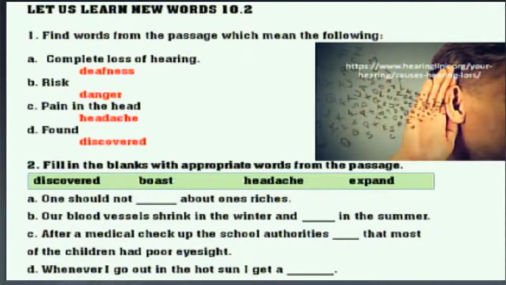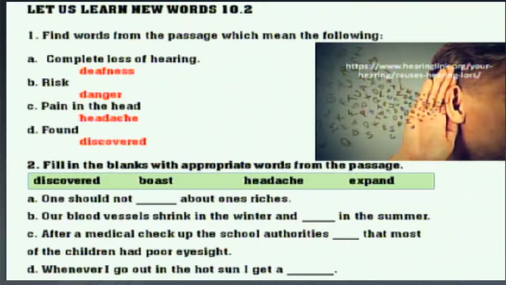Our blood vessels shrink in the winter and, very clear, expand in the summer. So here, even if you don't know the meaning of expand, you can understand by shrink. The opposite of shrink is expand. Okay. After a medical checkup, the school authorities discovered that most of the children had poor eyesight.